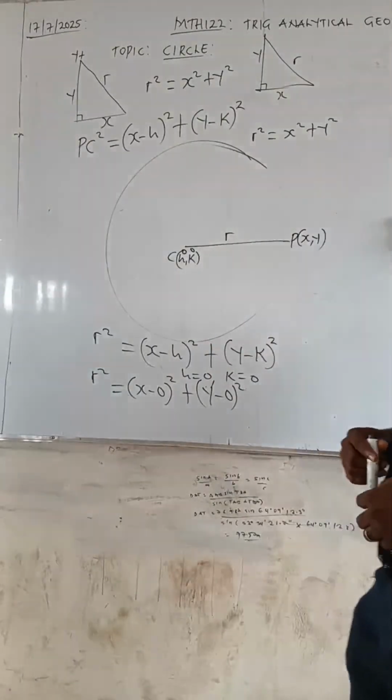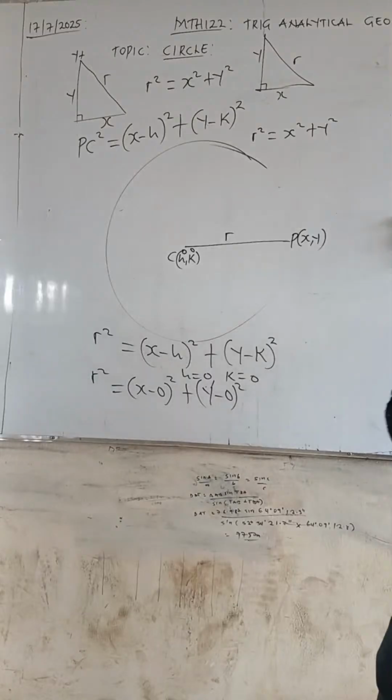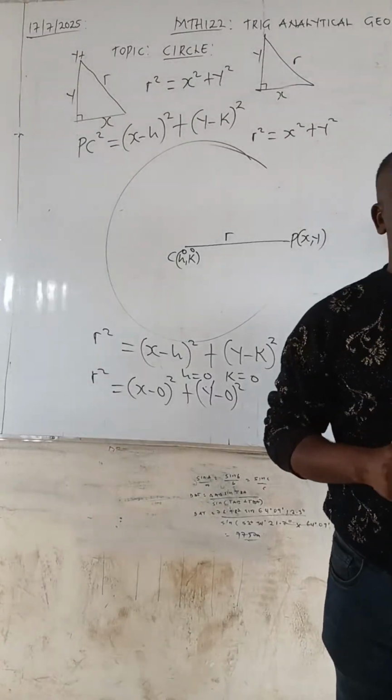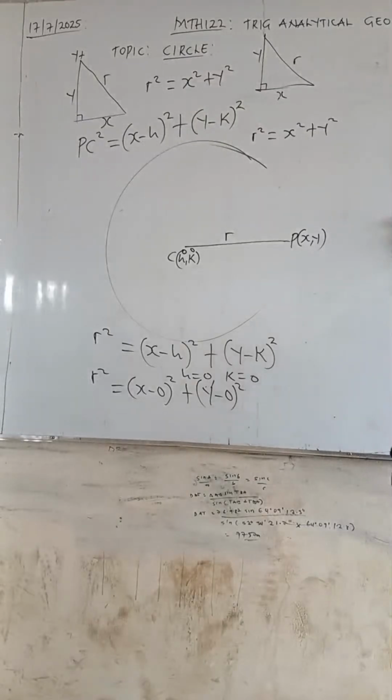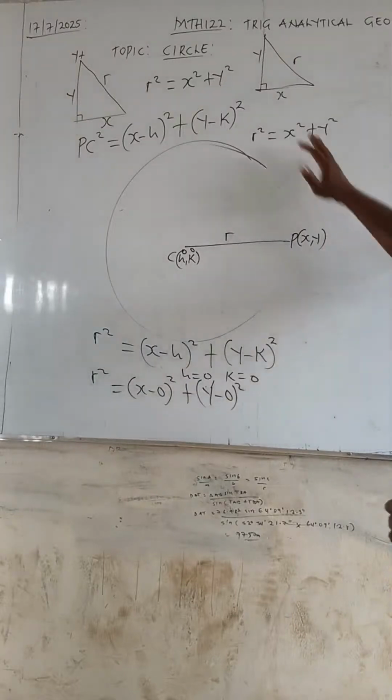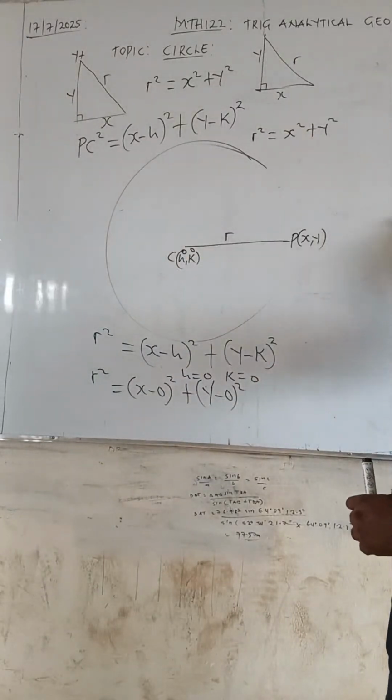Okay. Now, we want to move further to consider the general equation of a circle. The general equation of a circle. I can take off this part, right? Yes. Okay.